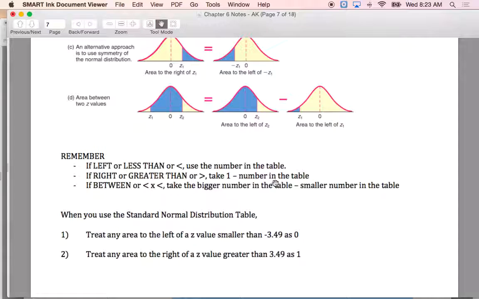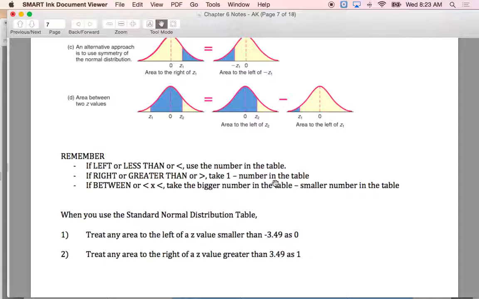You don't have to change it at all. If you see the words right, greater than, or the greater than sign, you have to take 1 minus the number you find in the table. Because if you're going to the right, you have to get rid of all the numbers to the left. The table is the left only.